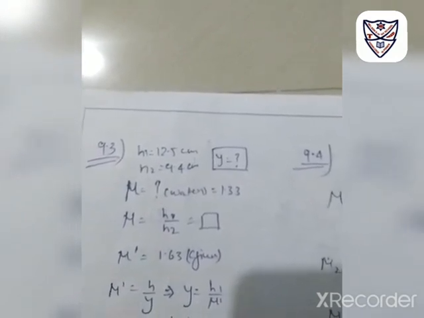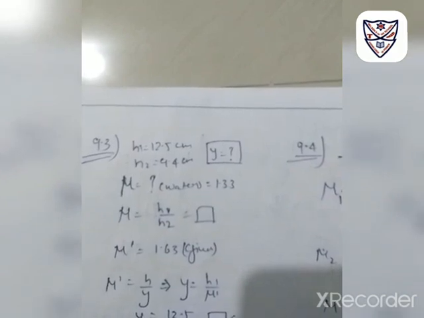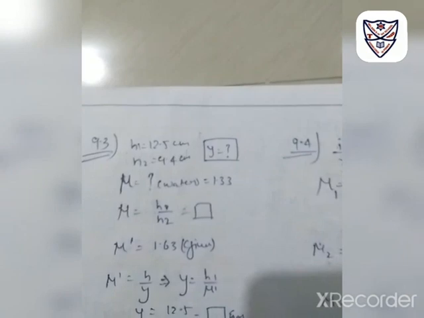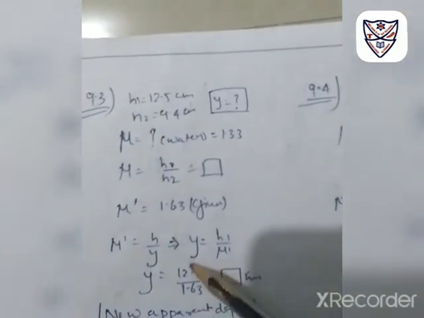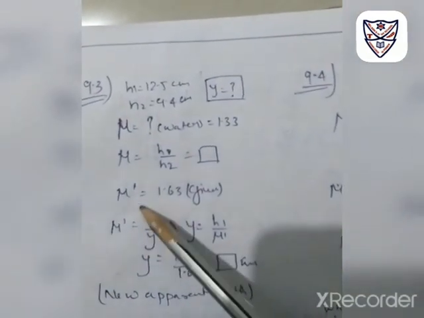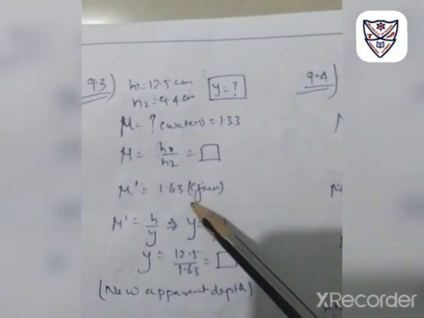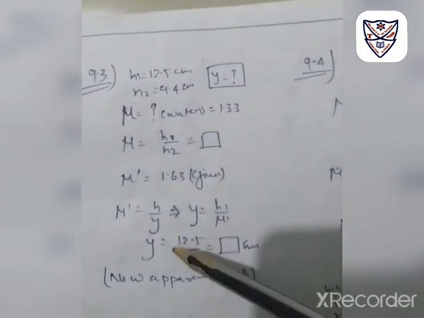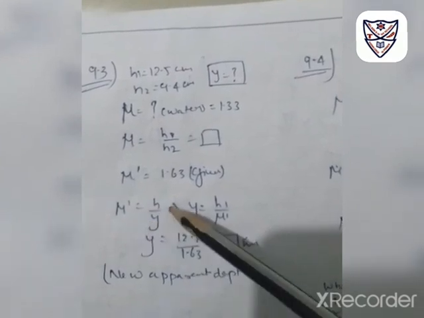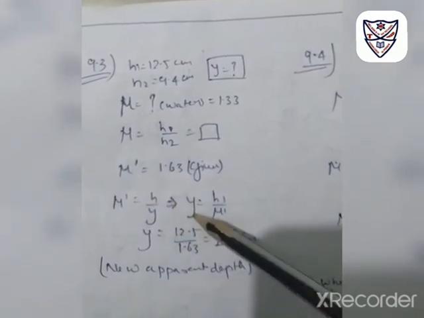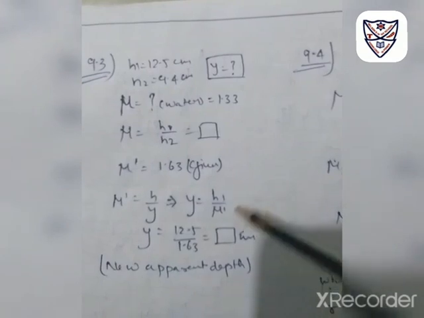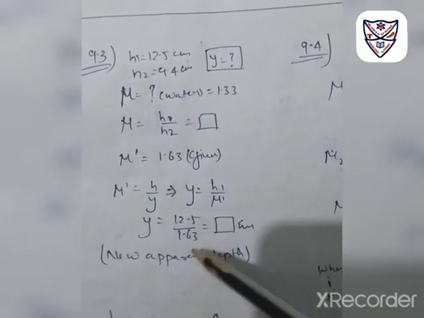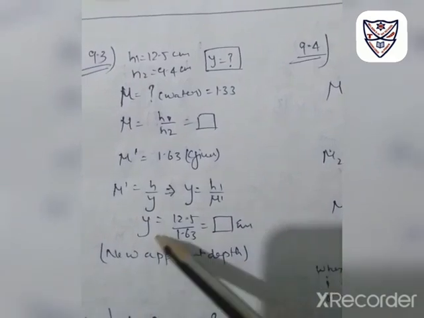So mu is equal to, as you know, the refractive index, h1 upon h2, that is medium 1 upon medium 2, you will find it easily. But moreover, they have given that mu dash is equal to 1.63 for the given glass or given object. So you can write mu dash equal to h upon y. So you can find y using h1 upon mu. Apply that, 12.5 upon 1.6 divided, and you will get your value of y.